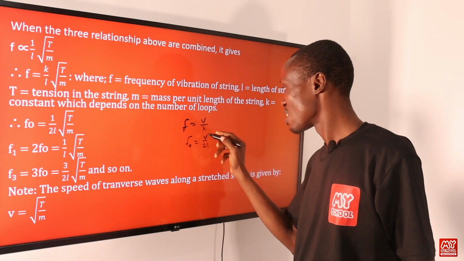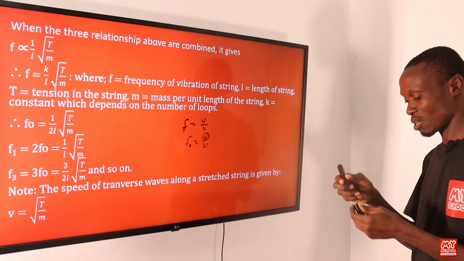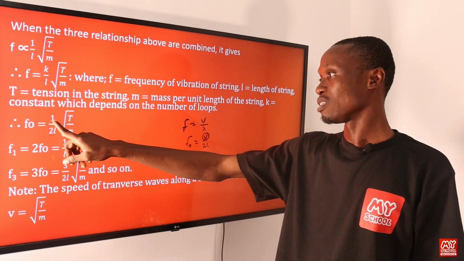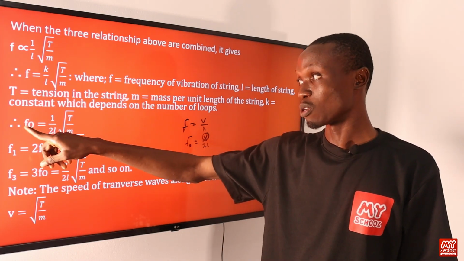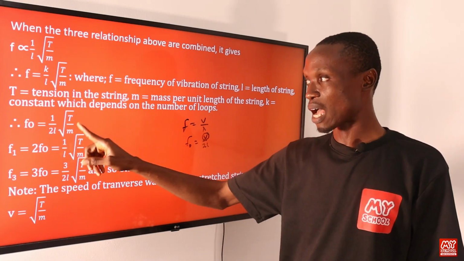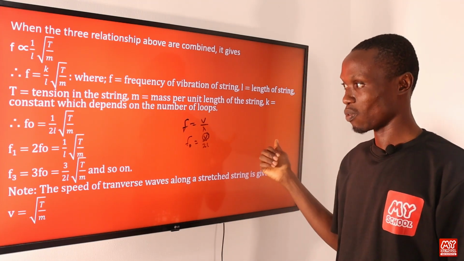In this case, V is taken as a constant, which is why we have 1 in this place. So in place of V, the fundamental frequency is equal to 1 over 2L, times the square root of T over M.